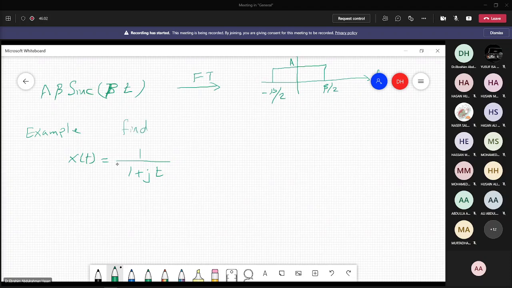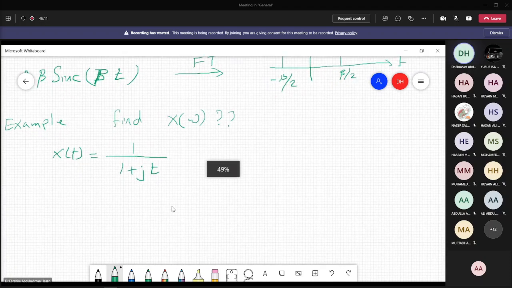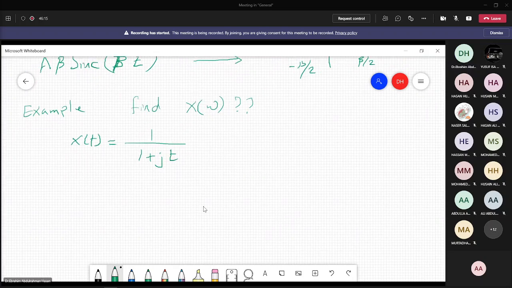Find x of omega, for example. Could you try this one? How do we find it? Try it. Take 2 minutes.